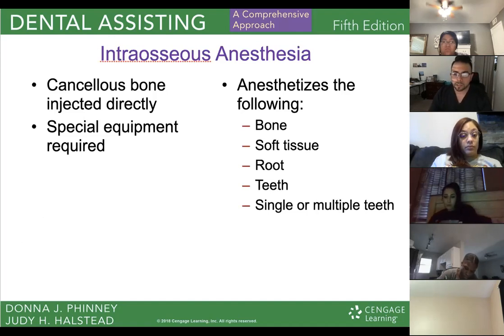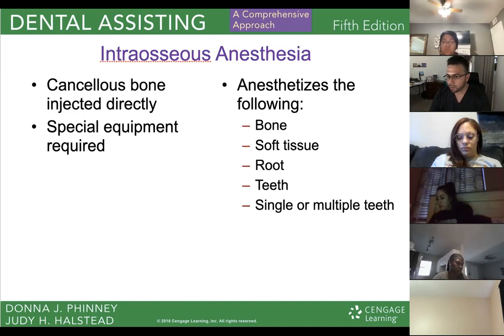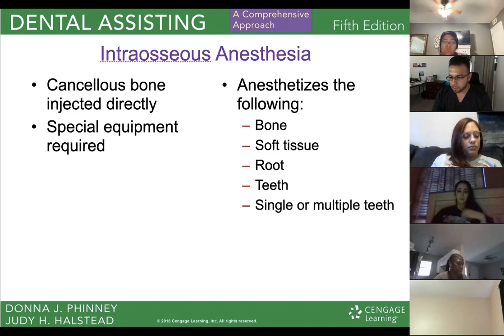With this, we use what's called a perforator. Basically it's a solid needle. Most of the needles that we have are hollow, right, because the anesthetics need to travel through them. But a perforator is actually a solid needle that is placed onto a low-speed handpiece, like a low-speed drill. So we're actually drilling into the bone with this needle.